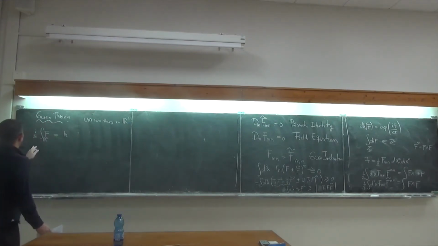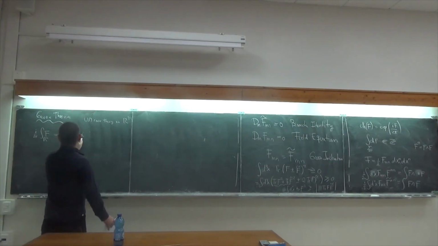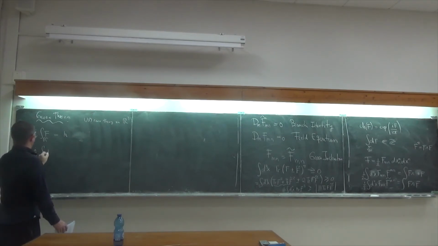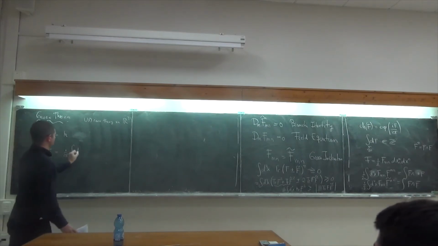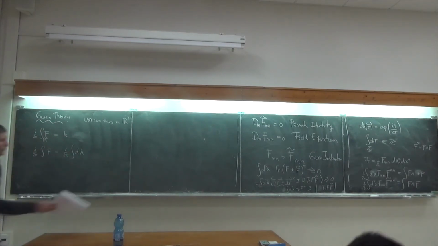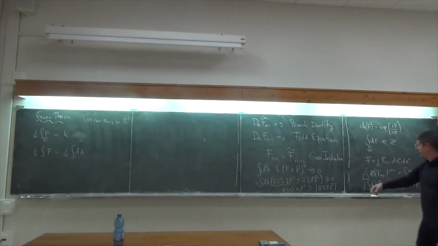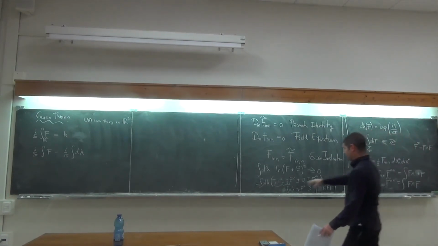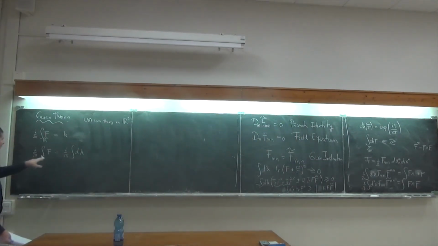For example, what is F? i over 2 pi integral of F, where F is dA. F is one half F_mn dx^m dx^n, and F_mn was the derivative of A. So F is just dA.